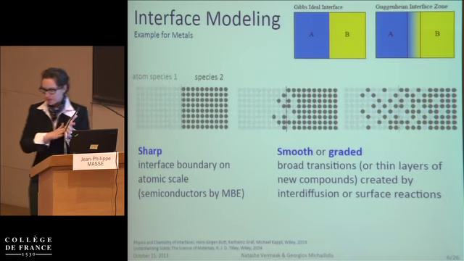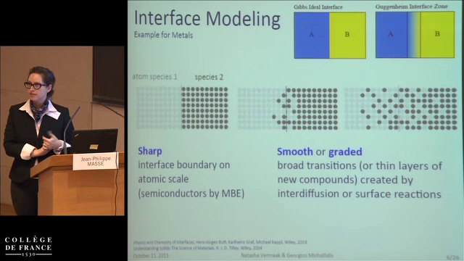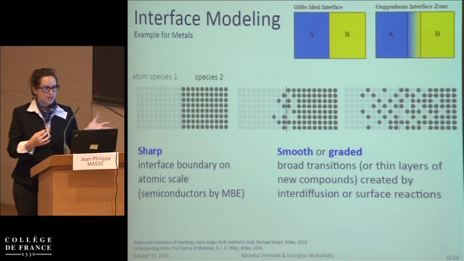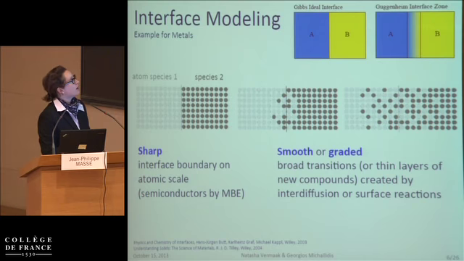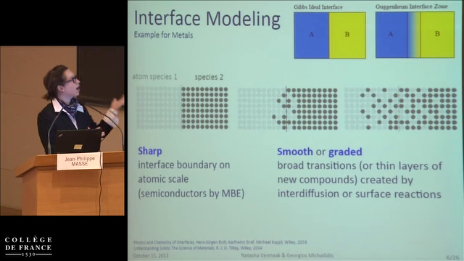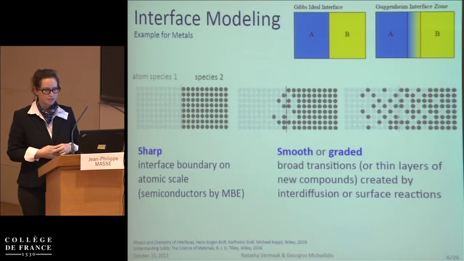As this method allows us to track interfaces, we have a choice about how we decide to model those interfaces. For example, if we just look at metals, we can understand by interface many different things. For something like in semiconductors, we can have sharp interfaces. At the atomic scale, we can look at the simplistic view at an either-or, a very mathematically sharp boundary.